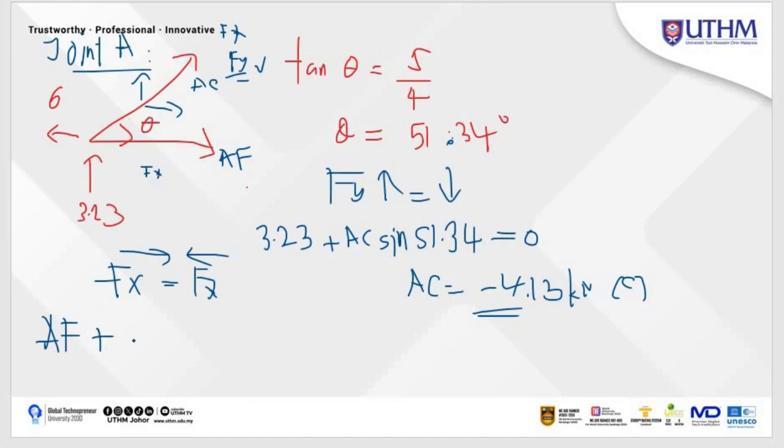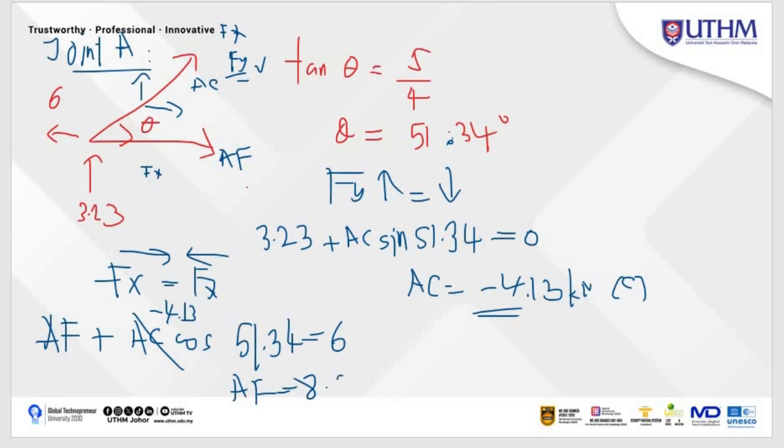We also have AC, and this time it will be cosine of 51.34. Then we have the external force, which is 6, so it equals 6. So AF will be 8.58 kilonewton in tensile force.